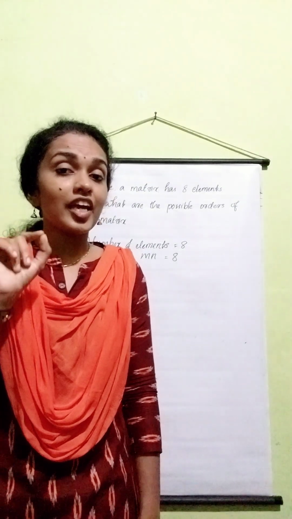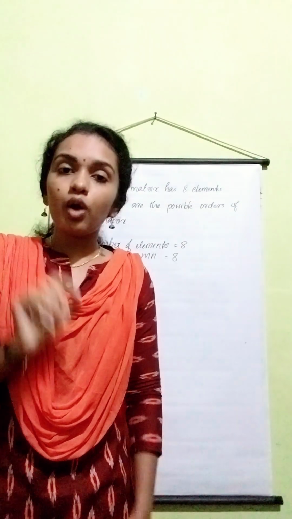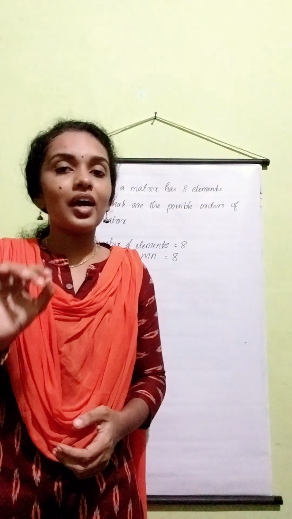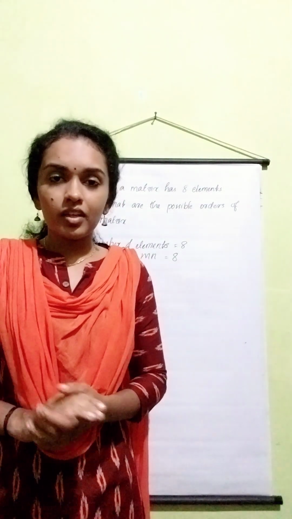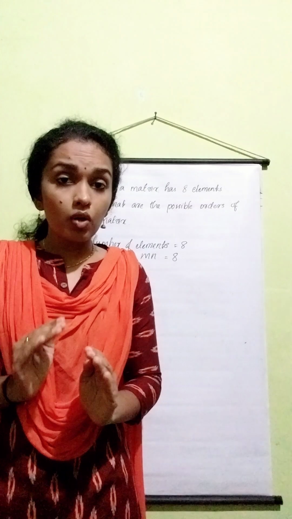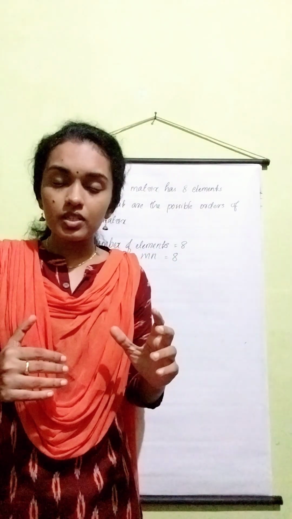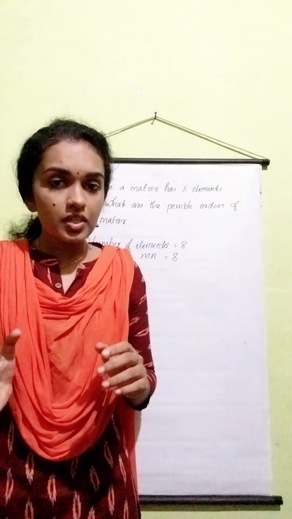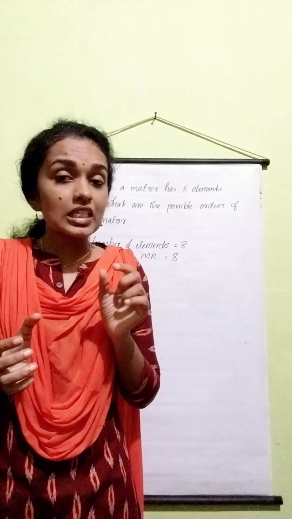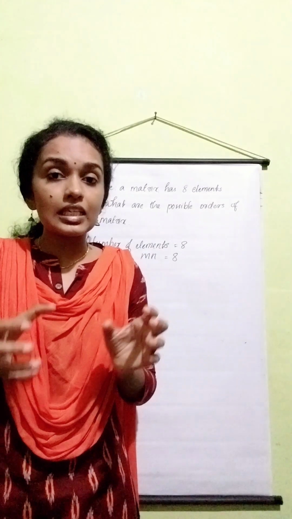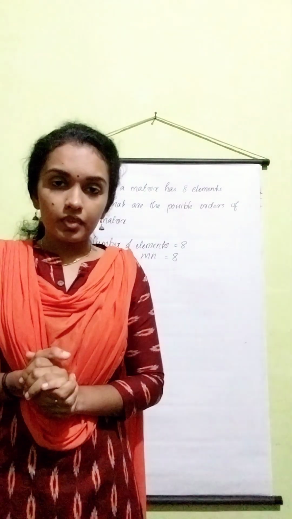If a matrix has m rows and n columns, then the order of the matrix is m by n. First we write the number of rows, then we write the number of columns and put the multiplication symbol between them, but we read it as m by n.